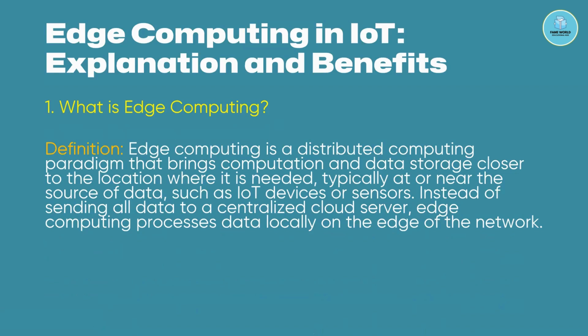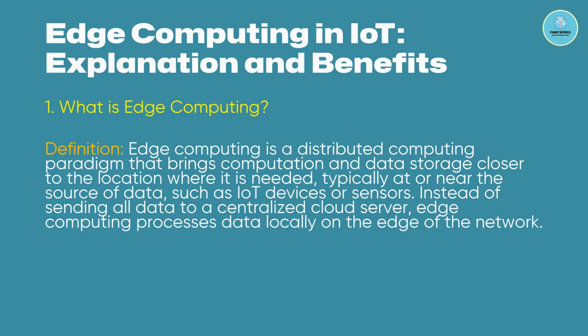Computation is provided by the CPU processors, while storage is a different thing: the servers that store your data are not always in the same location. So the paradigm that brings computation and data storage closer to where it is needed is known as the concept of edge computing.